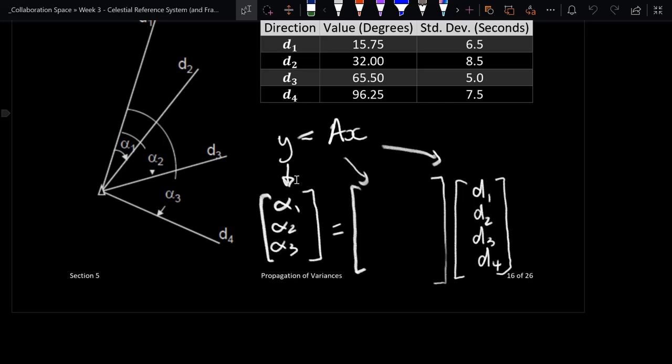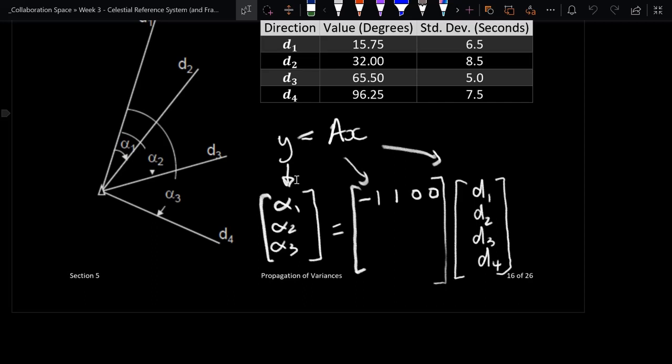Okay, so alpha 1, according to the diagram, is calculated as direction 2 minus direction 1. So we will put a minus 1 in here for direction 1, a 1 for direction 2, and zeros for direction 3 and direction 4, because we are not interested in them.